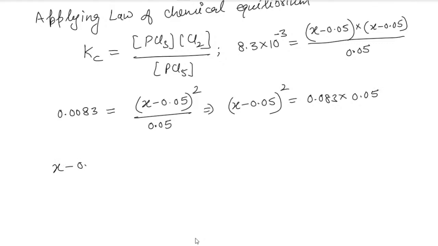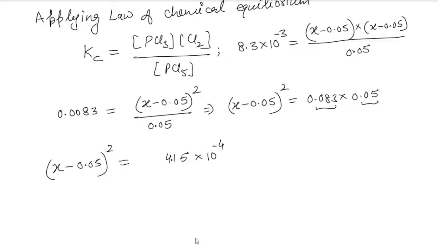So (X minus 0.05) whole square is equal to 415, with 3 decimals and 2 decimals, total 5 decimals. Out of 5 decimals, let us take this as 4.15 into 10 raised to power minus 4. Is it right?